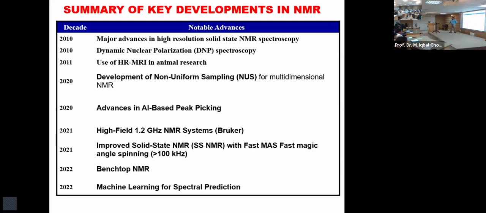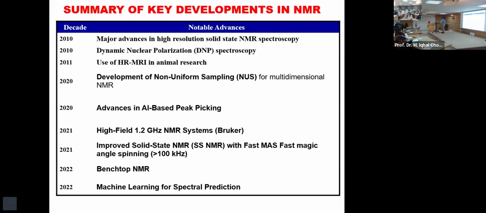They're very cheap, about 7 million to 8 million USD. And of course, now there is improved solid state NMR with fast magic angle spinning available. At the same time, for poor people like us, small benchtop NMRs of 60 to 90 megahertz are also available.